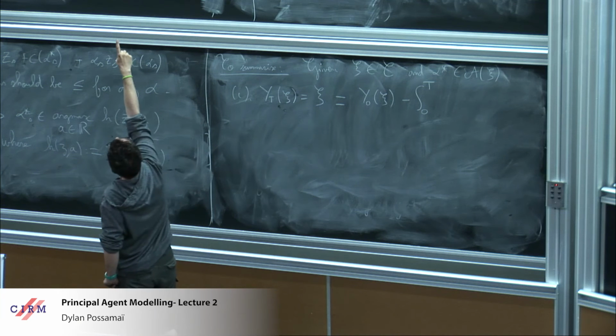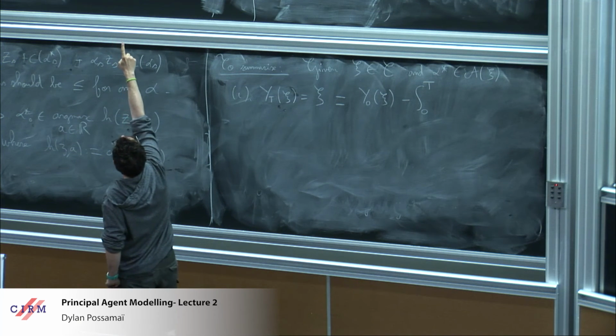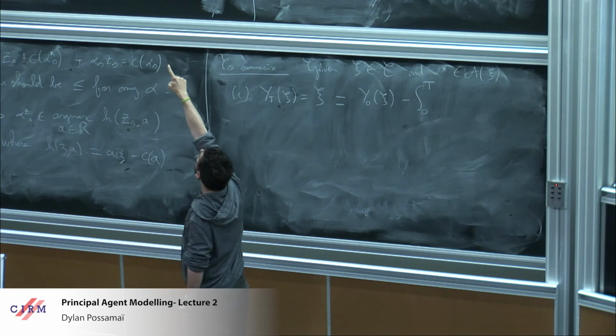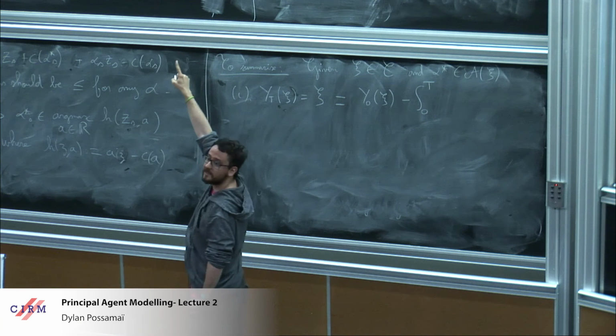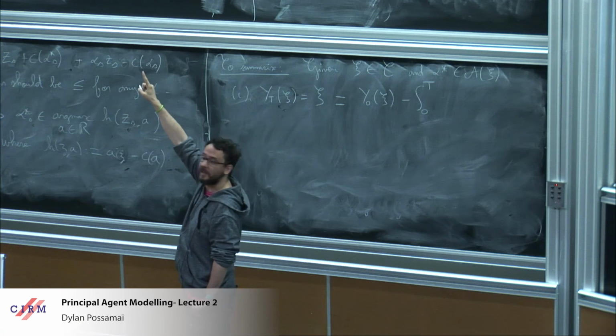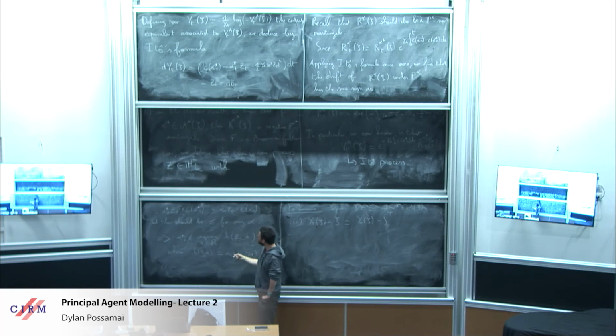So now inside the drift, if you look, you will see what you will see. I have C alpha star minus alpha star z. Okay? By the reasoning I've made here, I know that this is where the supremum of H is attained.